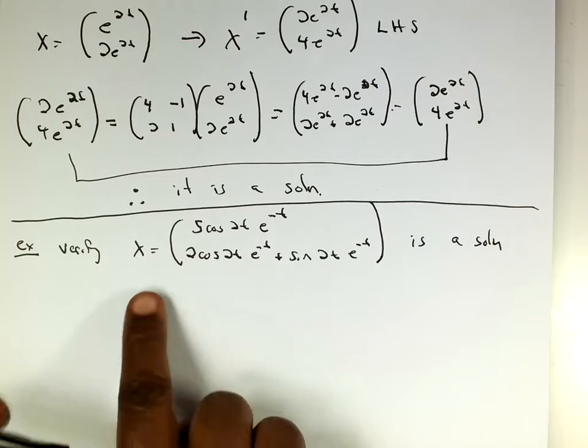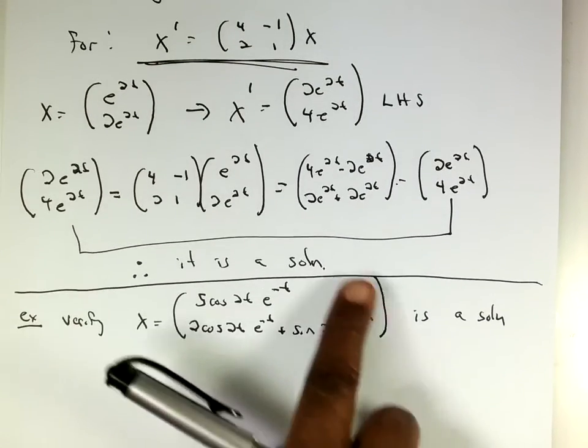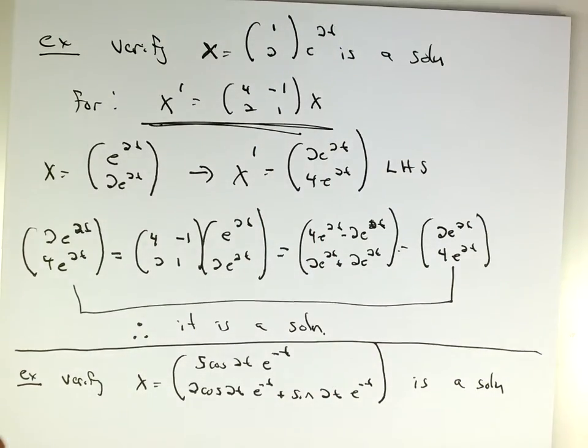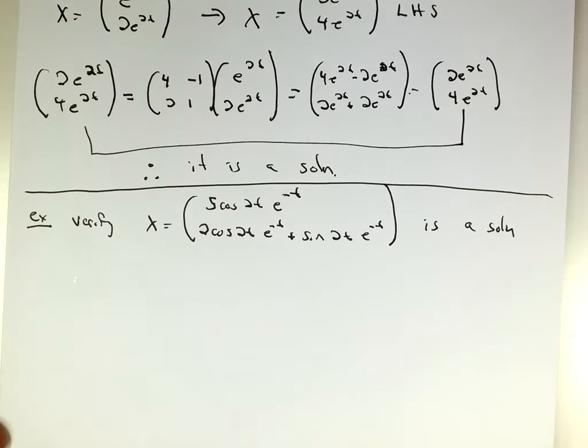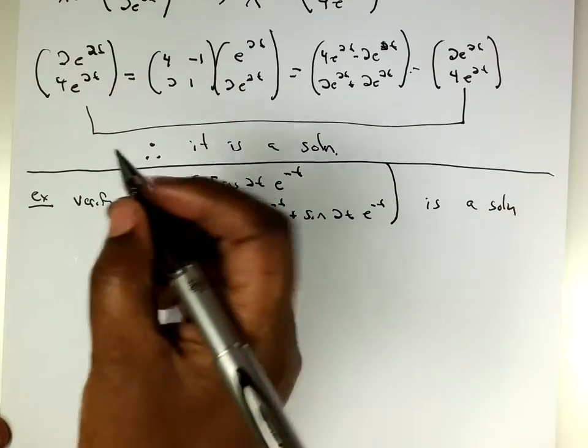Now, the original problem actually had the e to the negative t out, very similar to this one, but I didn't want to forget to multiply it back through, so when I recopied it, I just automatically multiplied each term by that, because I didn't want to forget to do it later.